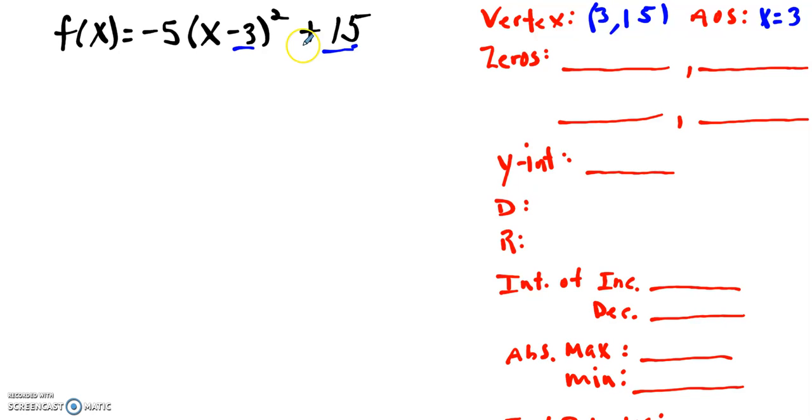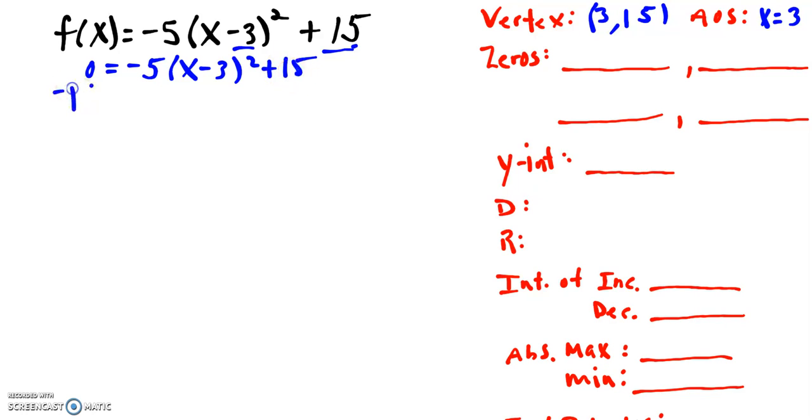So let's find the zeros. To find the zeros, we're going to set f of x equal to 0. And I'm going to rewrite everything else. Now I'm not going to distribute, I'm not going to factor or FOIL. I am going to start adding and subtracting anything I can from this side. So we have positive 15 here.